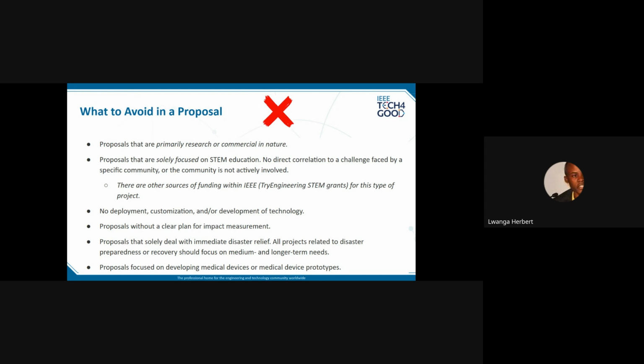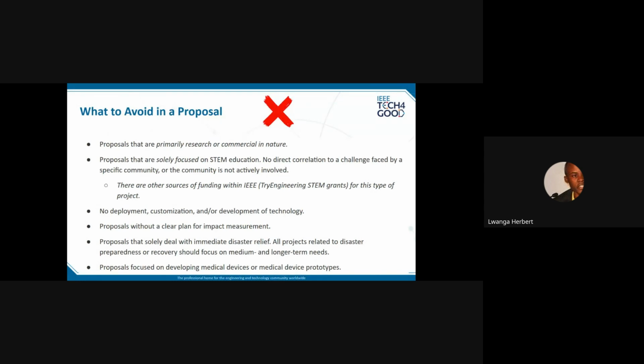Proposals that focus on developing medical devices or medical device prototypes. In the past, HTB used to support these projects, but since these devices are geared towards humans, the approval processes for such prototypes before testing are quite long, and they also pose quite a lot of risks to IEEE.